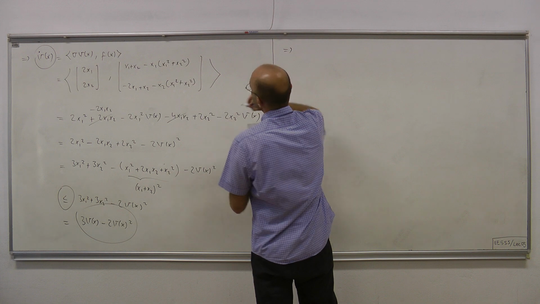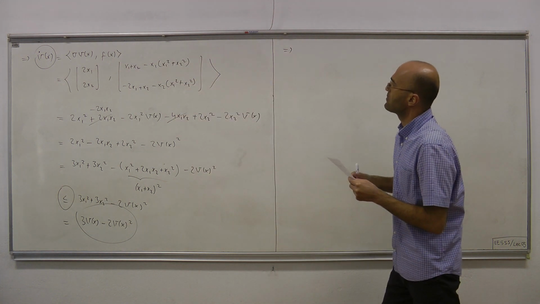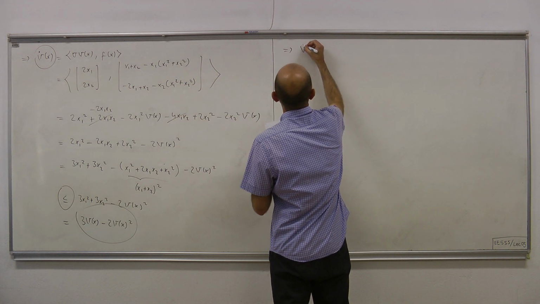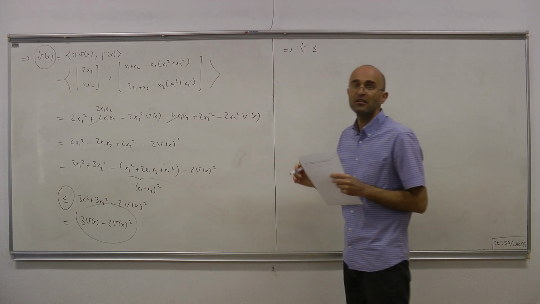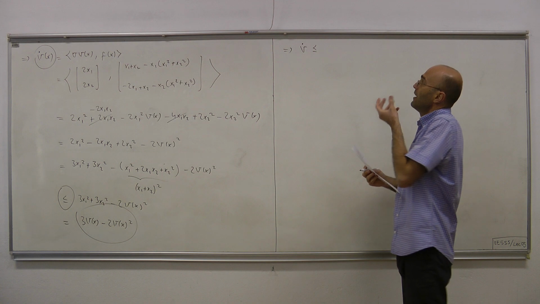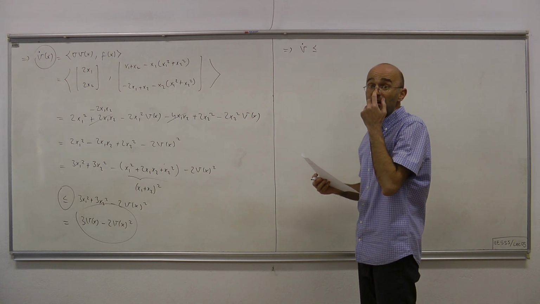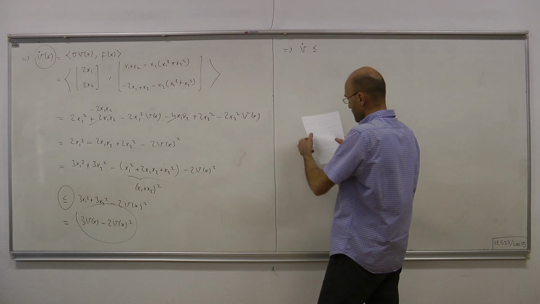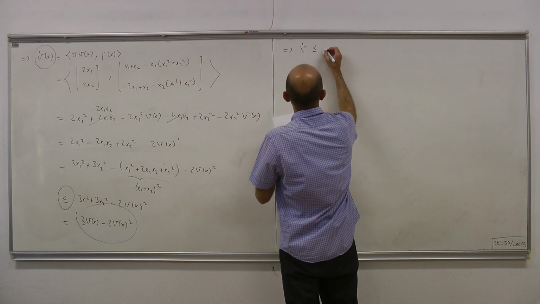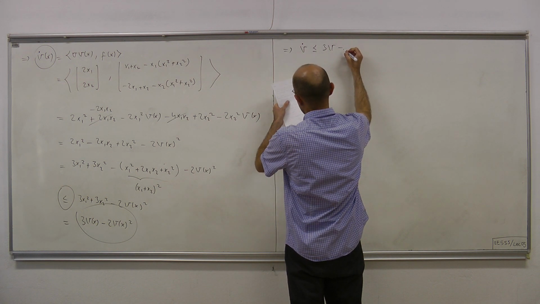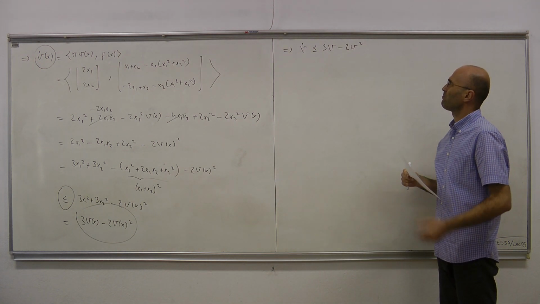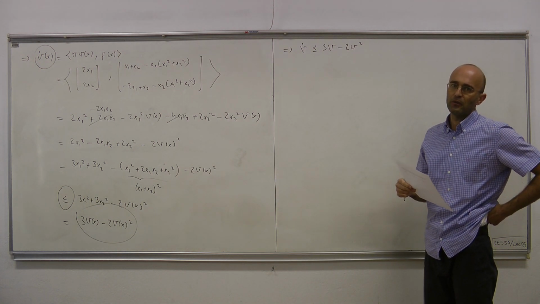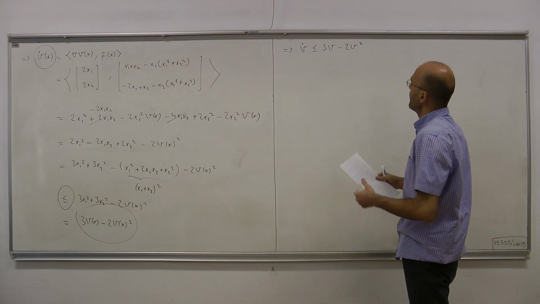So, to summarize all those steps, this is the conclusion that we have reached. V is the norm squared, so it's never negative, and V dot, its time derivative, satisfies this: the time derivative is always less than or equal to 3V minus 2V squared.